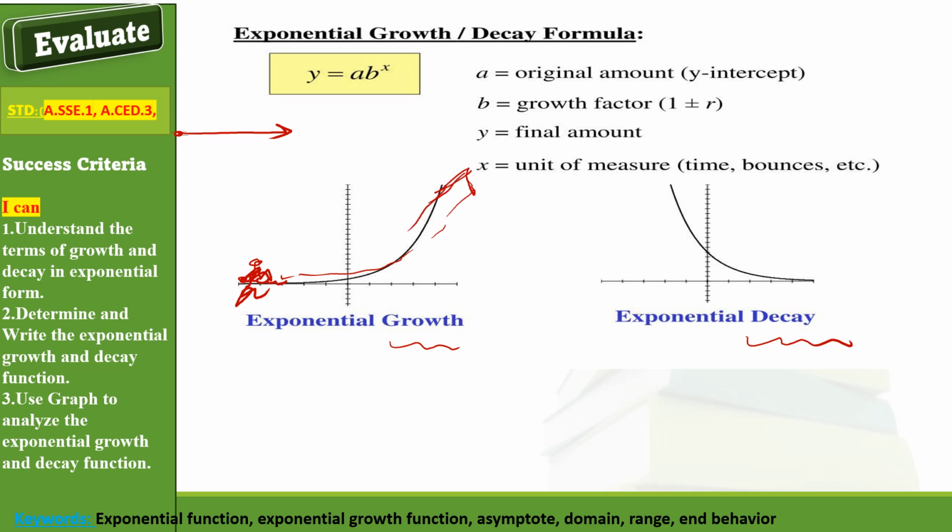Even if you are running over here, you are going up and up and up. You don't know where you will stop, you keep going up. All real numbers are your domain, but the graph is also increasing. That's why it is said to be exponential growth.